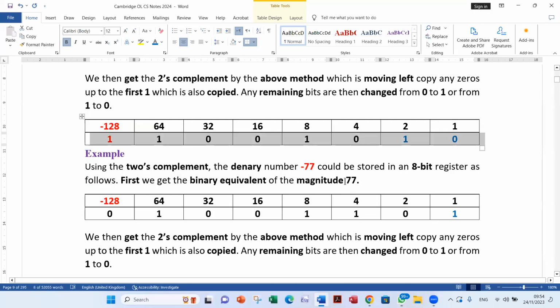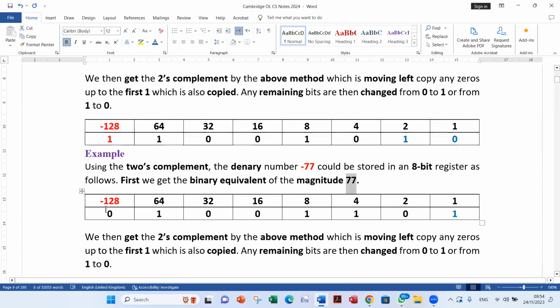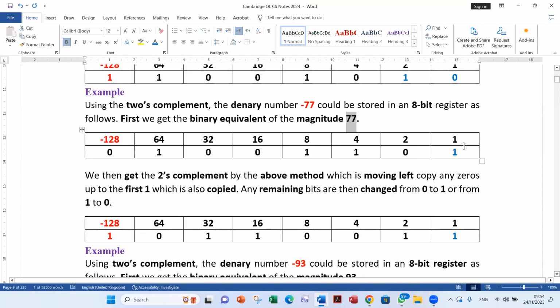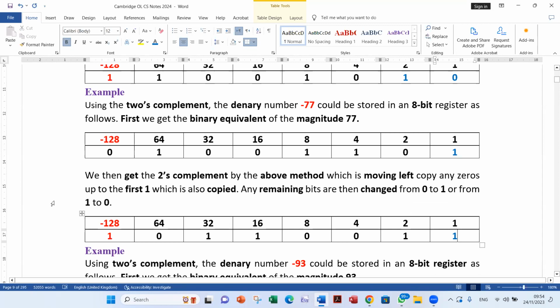So the binary representation of 77 is 0, 1, 0, 0, 1, 1, 0, 1. And applying the method, starting from the right, there are no zeros, okay? Then you get the first one, which is copied the way it is, and then you flip. So this is the representation of -77.